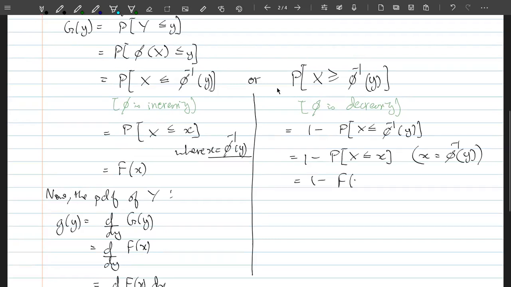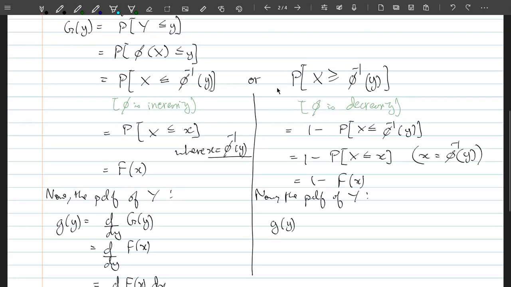And this is the CDF, so it's 1 minus f of x. Therefore, the PDF of y is, so remember this is g of y, right? G of y is equal to this.